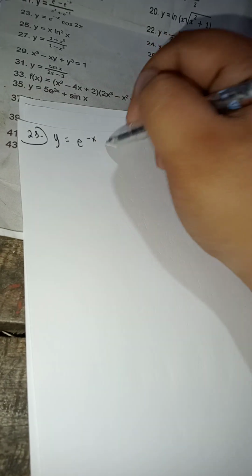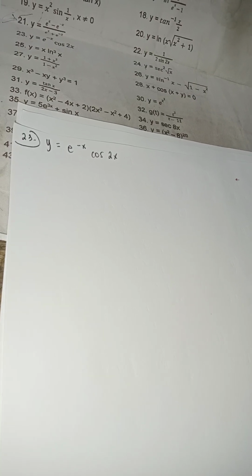So, let's proceed with the number 23. Number 23 is y is equal to e to the negative x cos 2x. By solving this number 23, we are going to use the product rule.